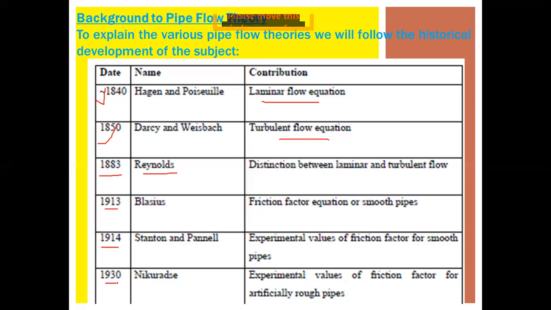Next, Nikuradse, a scientist who made experimental values for the friction factor for artificially rough pipes. For smooth pipes, Stanton and Pannell gave an explanation, whereas to find the friction factor for artificially rough pipes, the scientist Nikuradse made some assumptions and contributions.